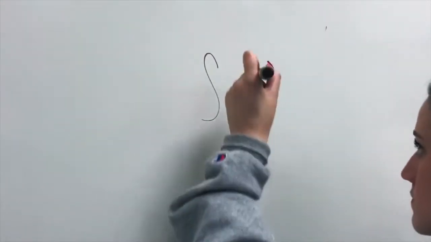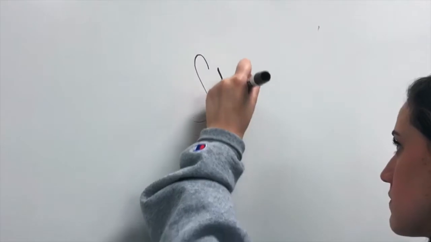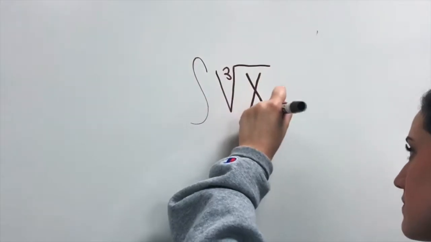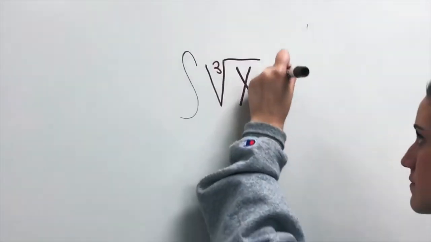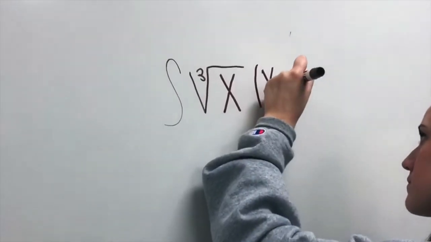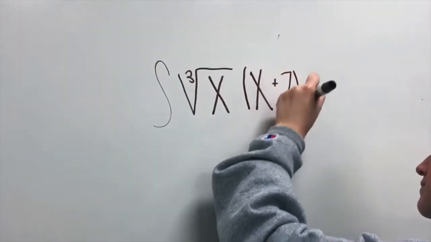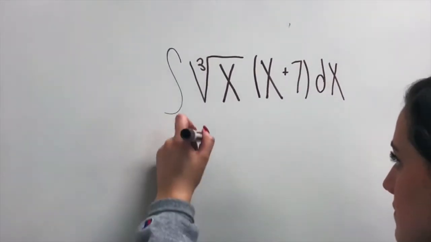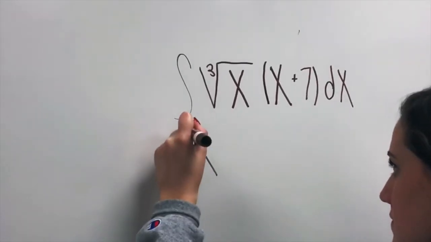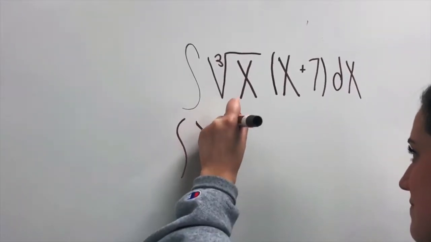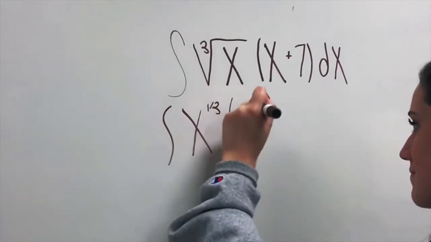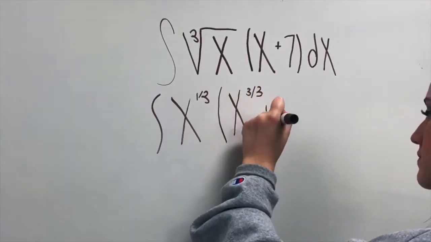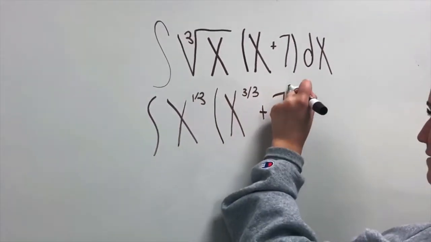Now we're going to take the antiderivative of the cubed root of x times x plus 7. And this is another one that we're going to rewrite as well, just to make it a little bit easier. Because we have a radical, we'll rewrite it as x to the 1/3 power times x to the 3/3 power, which is the same as x to the first power, but it just makes it a little bit easier to add, plus 7.